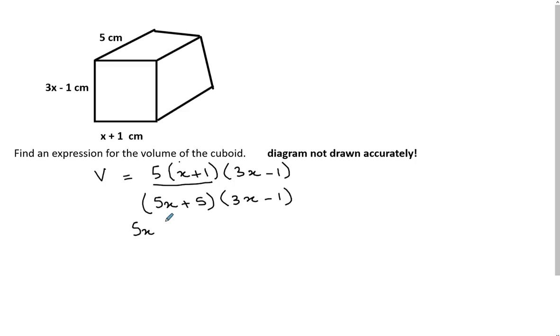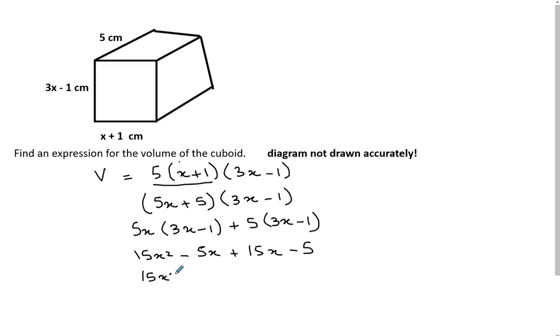So you've got 5x times 3x minus 1 plus 5 times 3x minus 1, which gives you 15x squared minus 5x plus 15x minus 5, which gives you 15x squared minus 5 plus 15 is plus 10x minus 5.